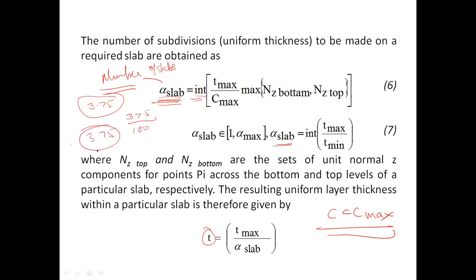You cannot have 3.75 layers. It can be either 3 layers or 4 layers. So for that they defined it as an integer. Integer means even if it is 3.01, you go to the higher number 4. That is why this integer was introduced into the system. So they took the integer of T max divided by C max.